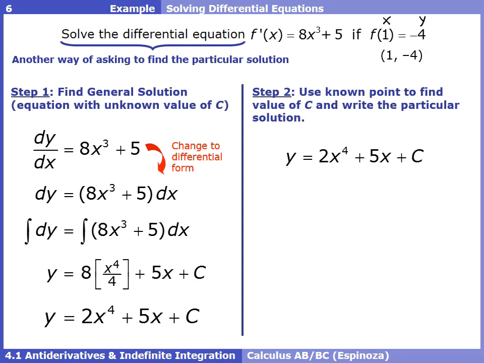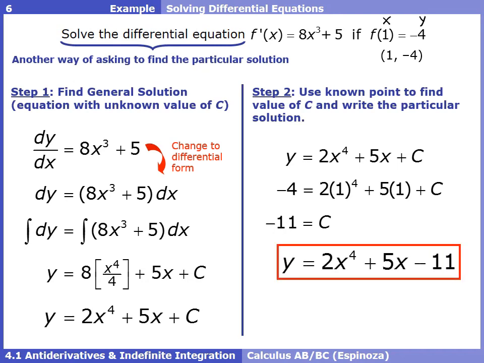We have the point (1, -4), so when we plug those values in and do the math, we'll find that c is equal to -11. So what was the equation that gave us the derivative of 8x cubed plus 5? The particular solution, or the original equation, the antiderivative, was 2x to the 4th plus 5x minus 11.